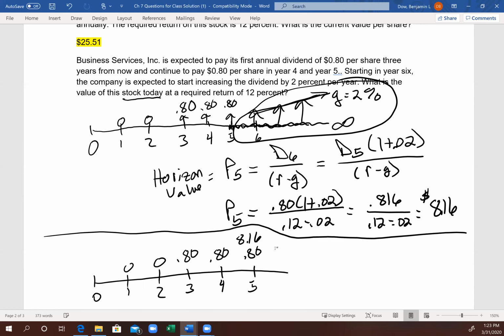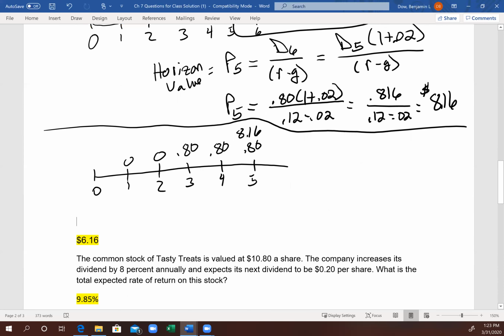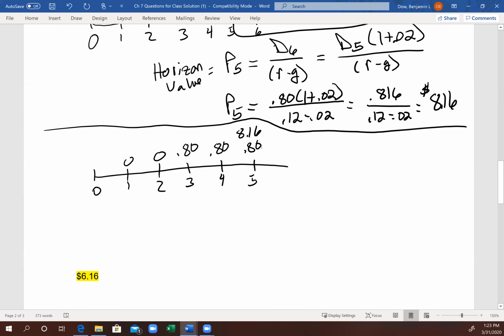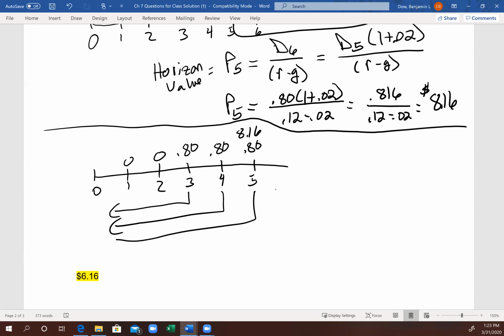So now we have future cash flows that terminate. We've got a horizon value and future dividends. We've got to bring these back to find the intrinsic value.